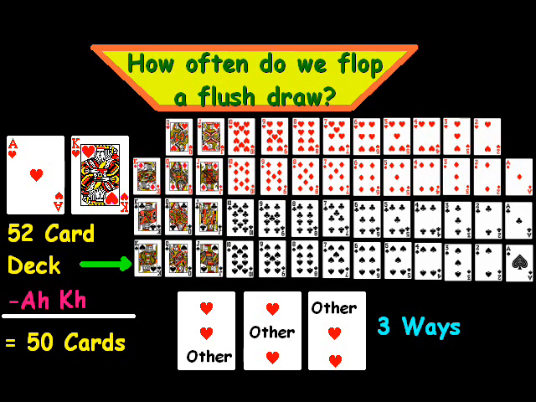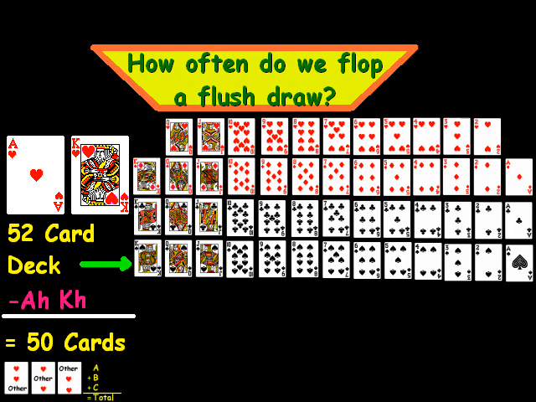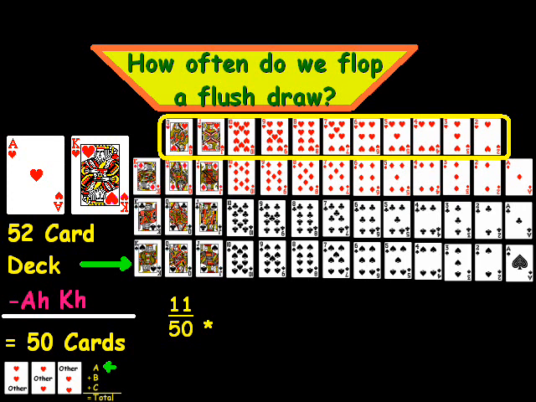So we can count the ways as way A plus B plus C, and that'll give us our total percentage here. So we'll move that down to the bottom left hand corner. And let's first look at A, and if you'll notice that all these are the same, so once we find A, we can just add B and C as the same numbers, and that'll give us our total here. So first off, we'll start out with how many hearts there are, and there are a total of 11 hearts, and that's out of 50 cards.